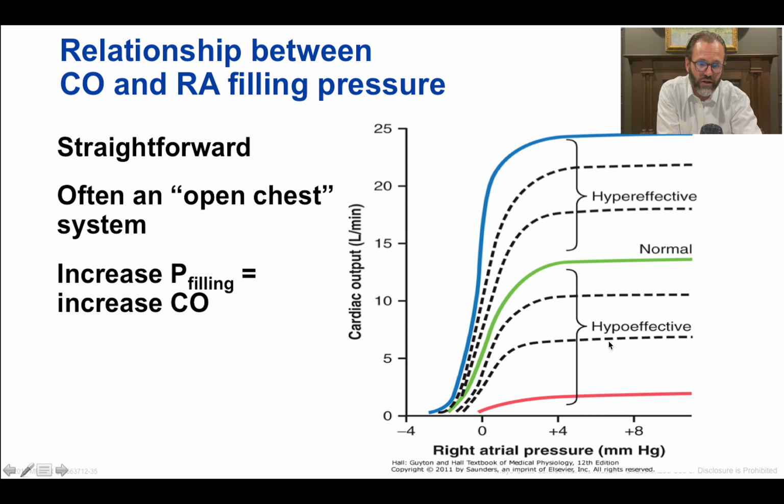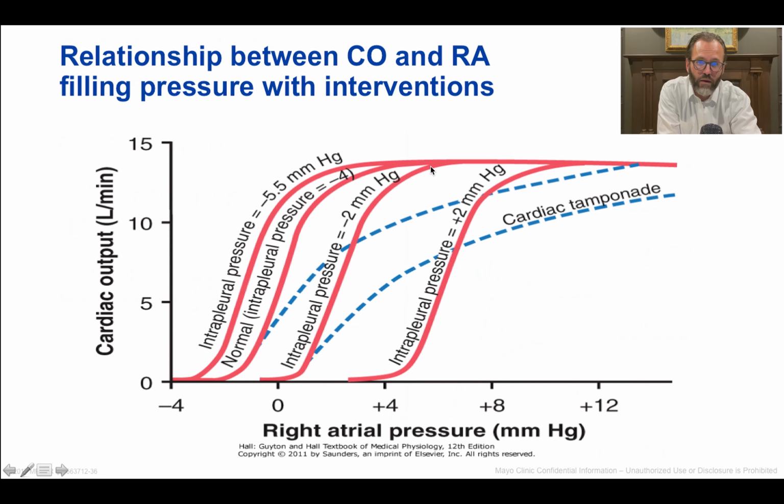And of course, your maximum cardiac output will also be significantly reduced. So hopefully at this point, both of these sets of curves, the hyper-effective, hypo-effective in relation to the normal right atrial pressure and cardiac output relationship, are making some sense.